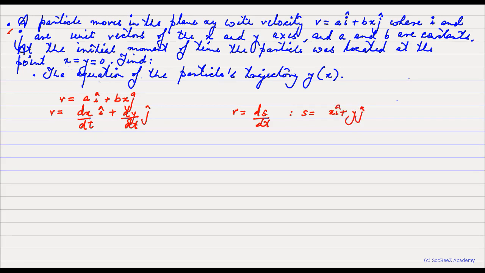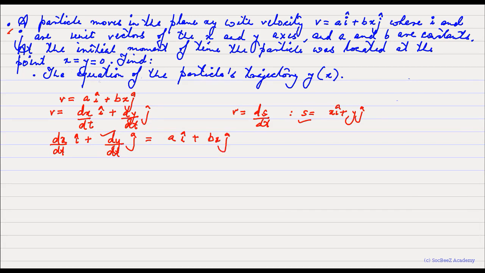Okay, so if I differentiate this, I'll get this equation. Okay, fine. Now these two equations can be compared, right? So I can write dx by dt i cap plus dy by dt j cap must be equal to a i cap plus bx j cap.